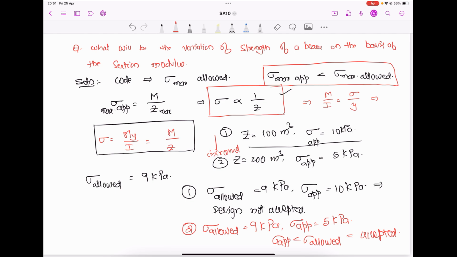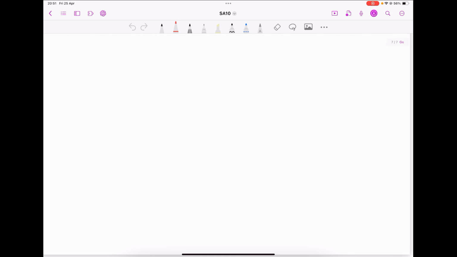Finally, what have we concluded? Please remember this, very important. Z increase implies strength increase implies sigma applied decreases, and vice versa. I am not talking about allowed. Allowed is always constant as per the code. Please remember this.